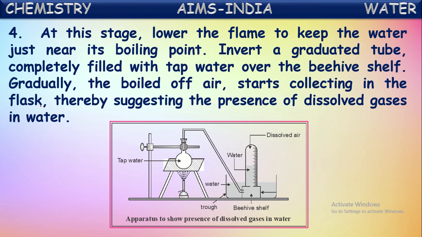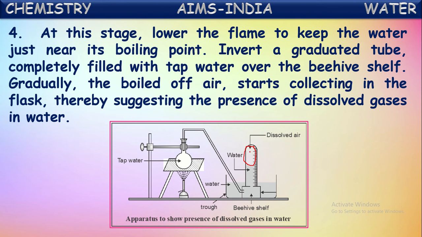Then you can see gradually the boiled off air from this round bottom flask will enter into this delivery tube and through the delivery tube it enters into this graduated tube. The boiled off air starts collecting in the tube here. So here the boiled off gas coming out from this round bottom flask is collected into this inverted tube and it displaces the water down.